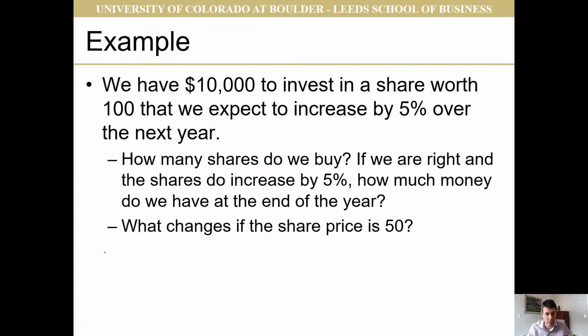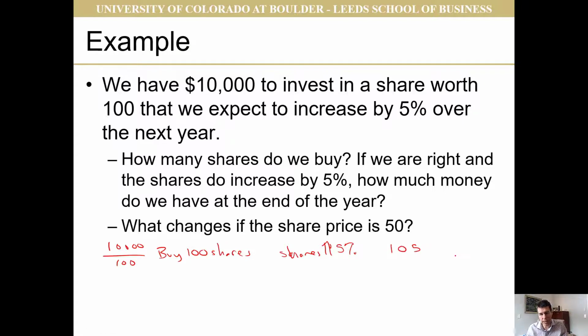Okay, so if we look at this, we have $10,000 divided by 100. So we buy 100 shares in the first instance. The shares increase by 5%. So shares go up 5% means that the share price after a year is 105.